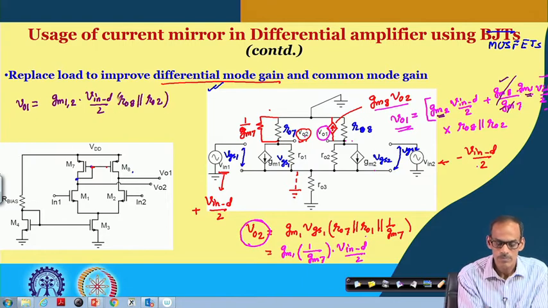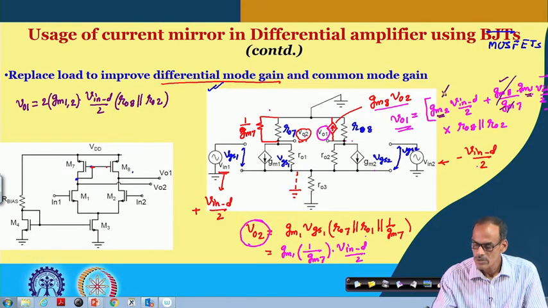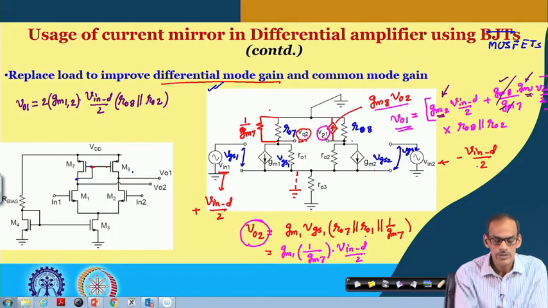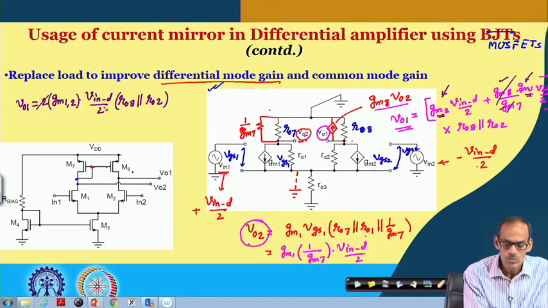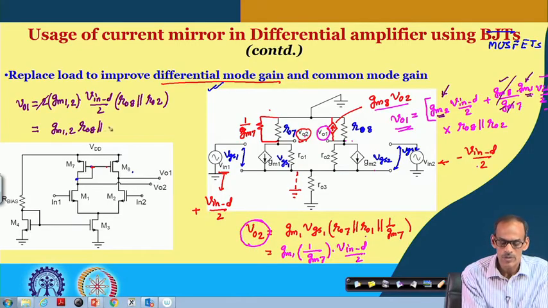There is a factor of 2, one coming from the GM2 part, another coming from the current mirror part. So, this 2 and this 2 get cancelled, and that gives us GM1,2 multiplied by RO8 in parallel with RO2 into Vind.